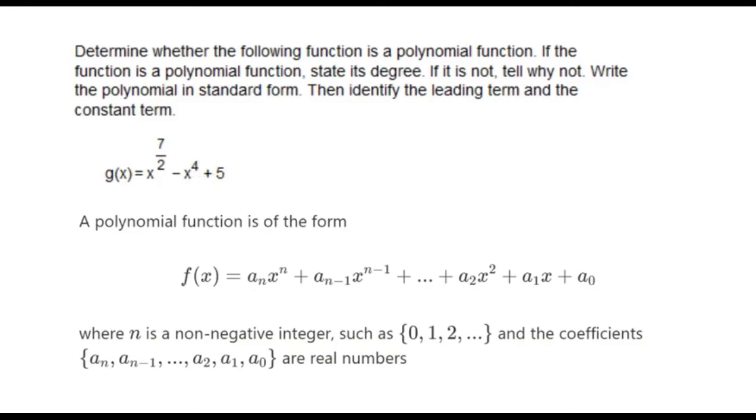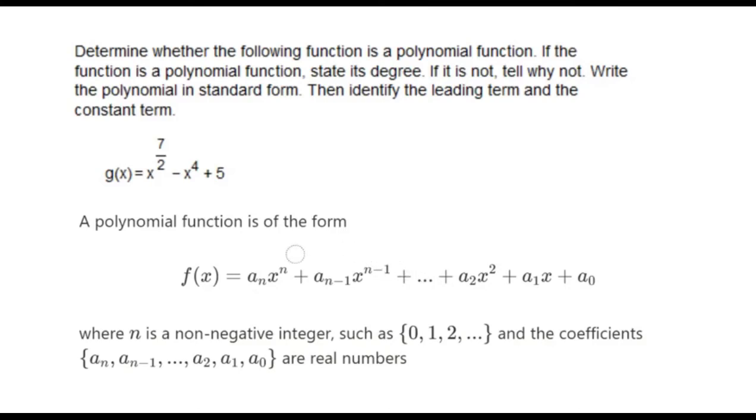I've written down here the definition of a polynomial function, and a polynomial function is of the form f of x equals a sub n x to the n plus a sub n minus 1 x to the n minus 1 plus, and so on, meaning that the pattern continues.